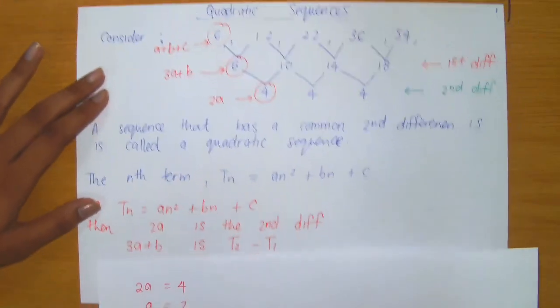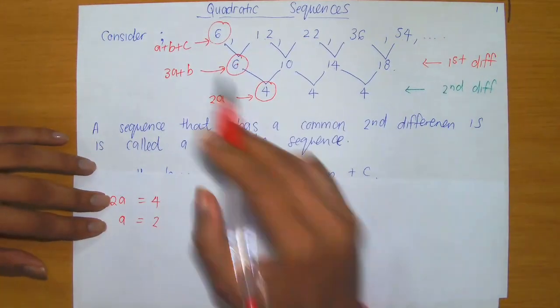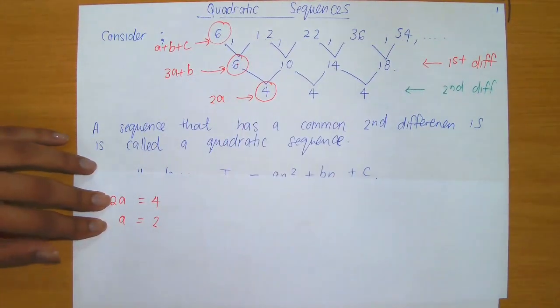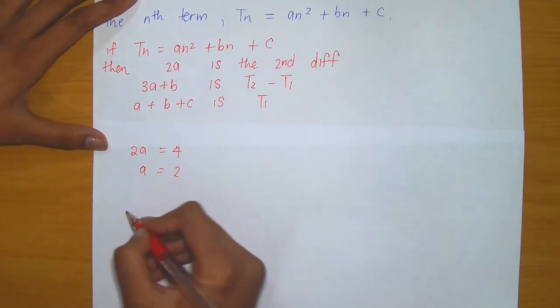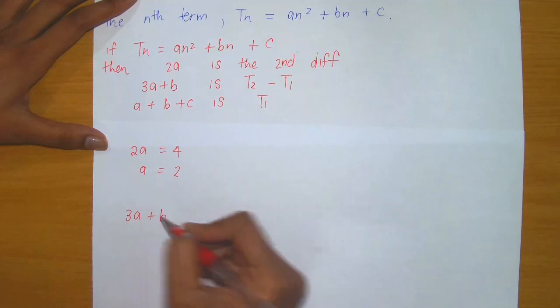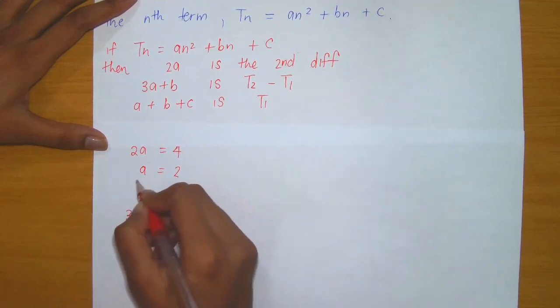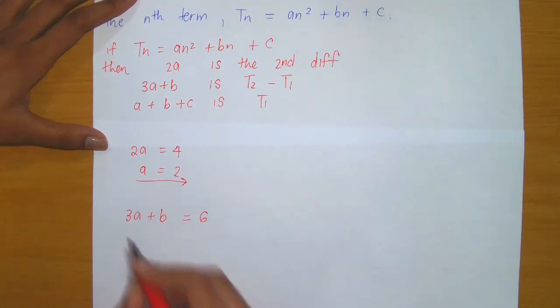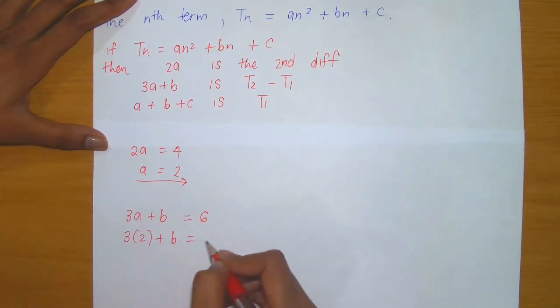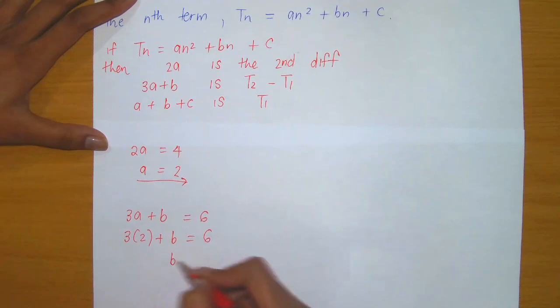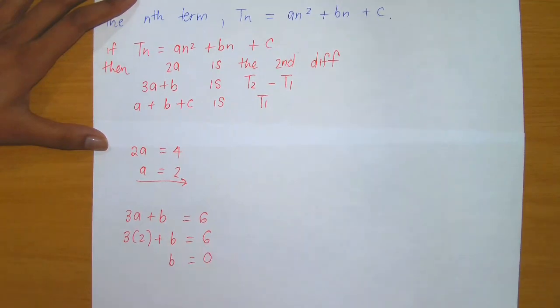Right, going back to the slide, we have that 3a plus b is equal to 6. So writing that down. But we know that a equals 2, so substituting that in, 3 times 2 plus b equals 6, and therefore b equals 0.